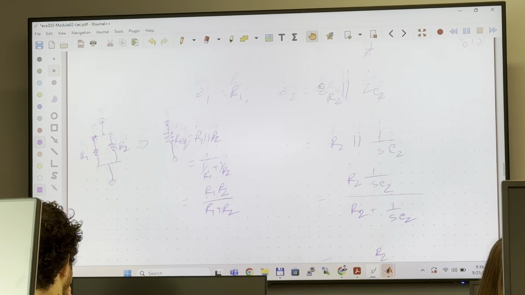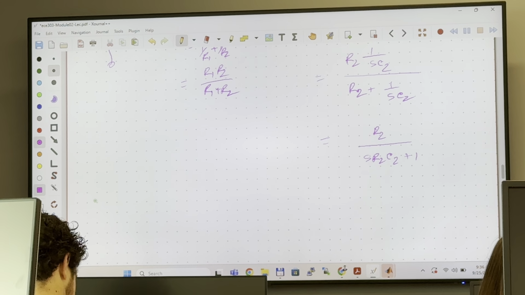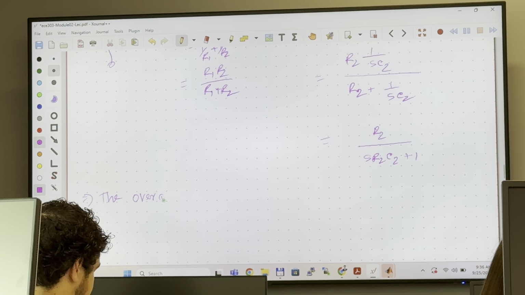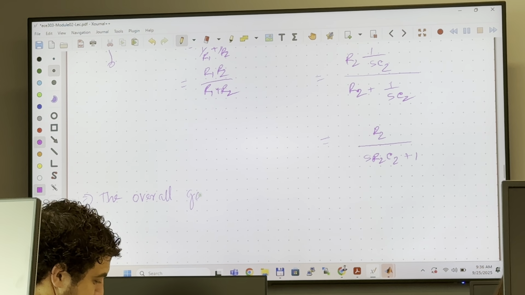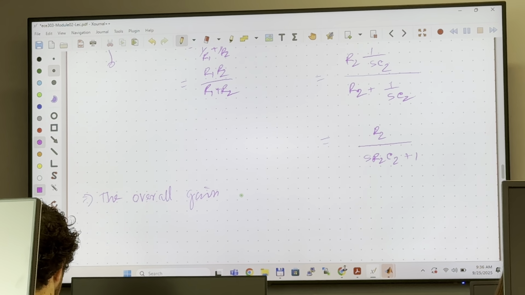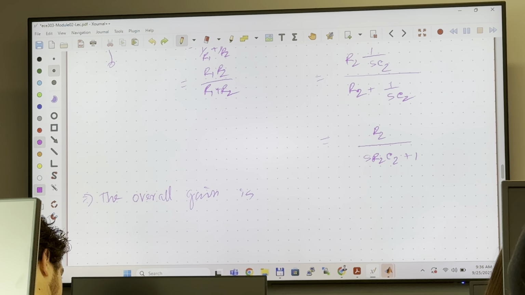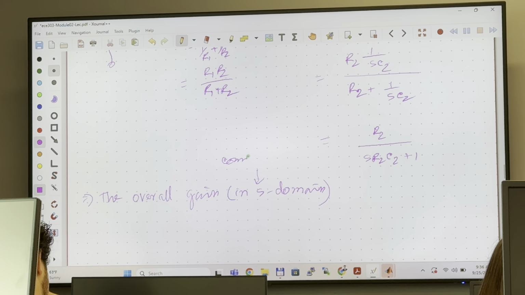So the overall gain, in the S domain, is... S is the complex frequency, and the S domain is the complex frequency domain.